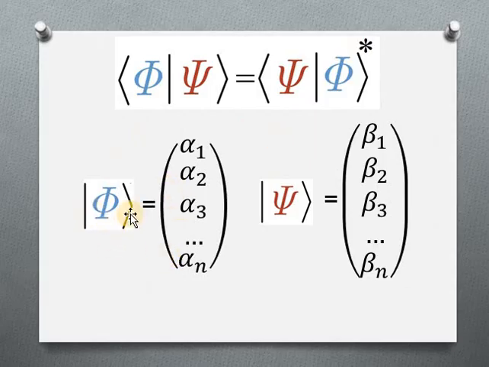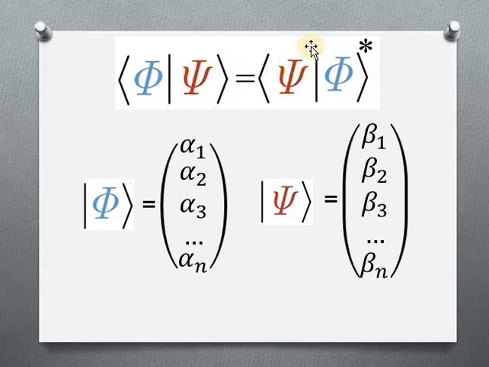So in that case, you will get beta 1 star alpha 1 plus beta 2 star alpha 2 plus beta 3 star alpha 3 and so on. So immediately you understand that there is just one set of complex conjugation involved in these two quantities.